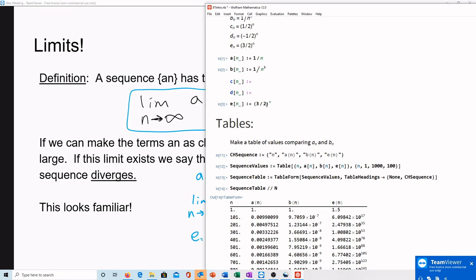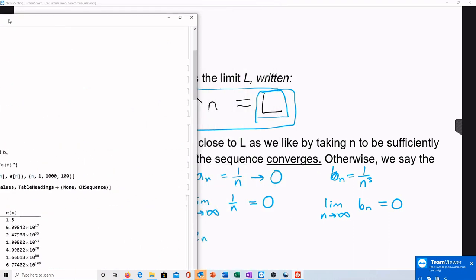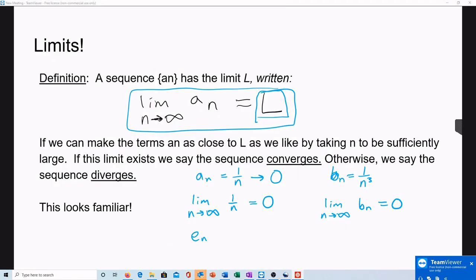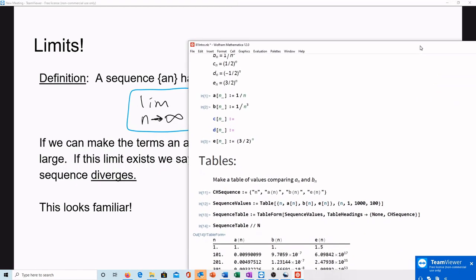So e sub n is equal to 3/2 to the n. And our question is, what in the world is happening to e sub n as n gets really big?